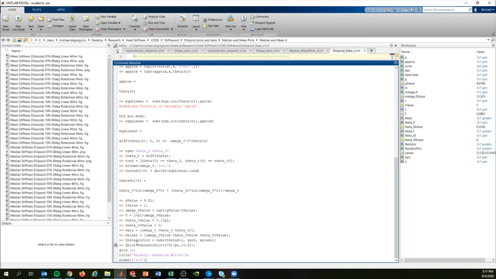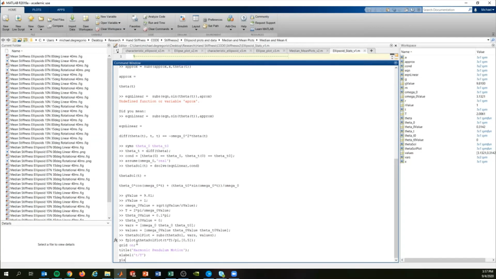This is the ratio of time to period. Y label: theta over pi.